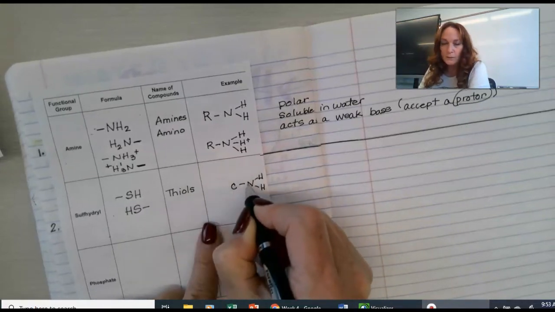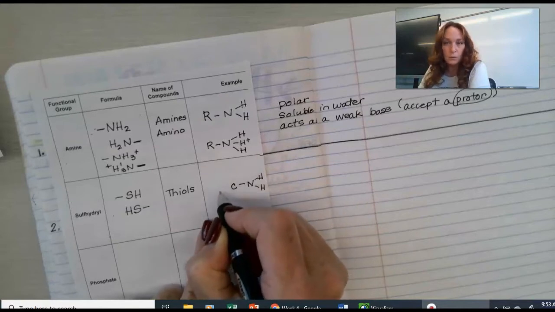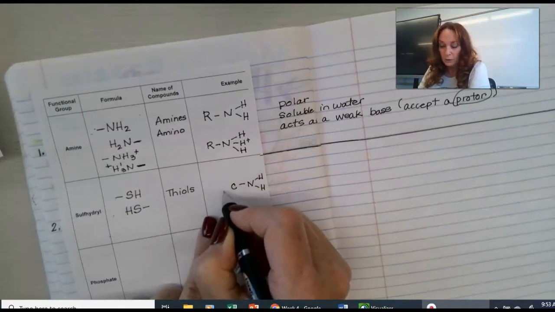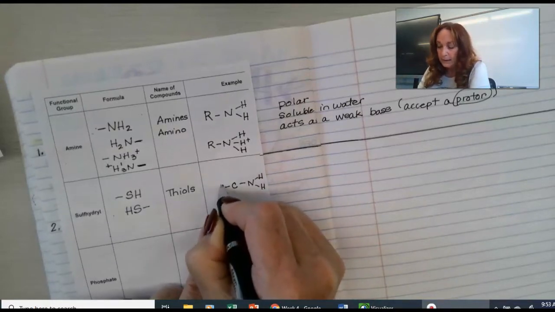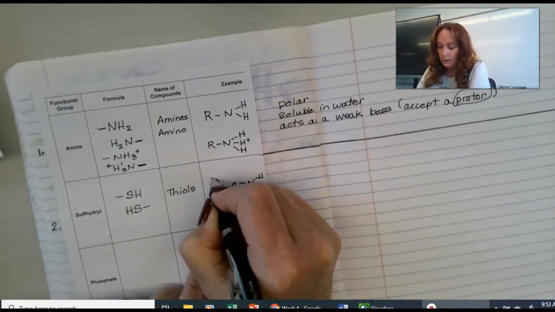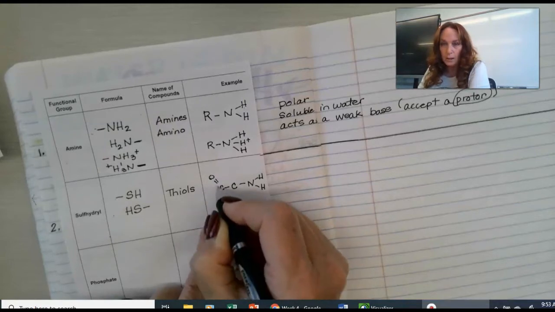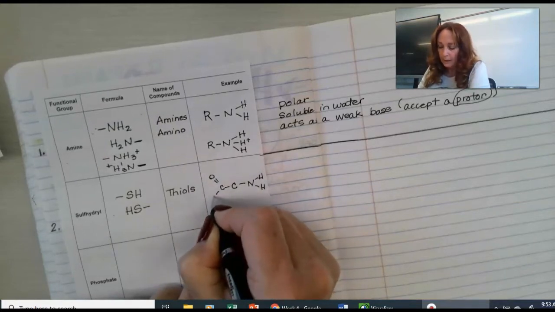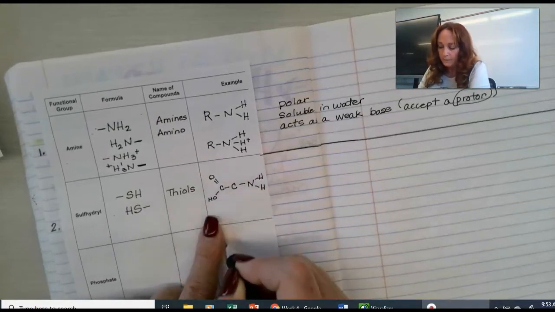Directly across from the amine group is a group we haven't learned about yet. It's carboxyl, and that's a COOH. So it's going to be a carbon double bonded to an oxygen, and then a hydroxyl group.